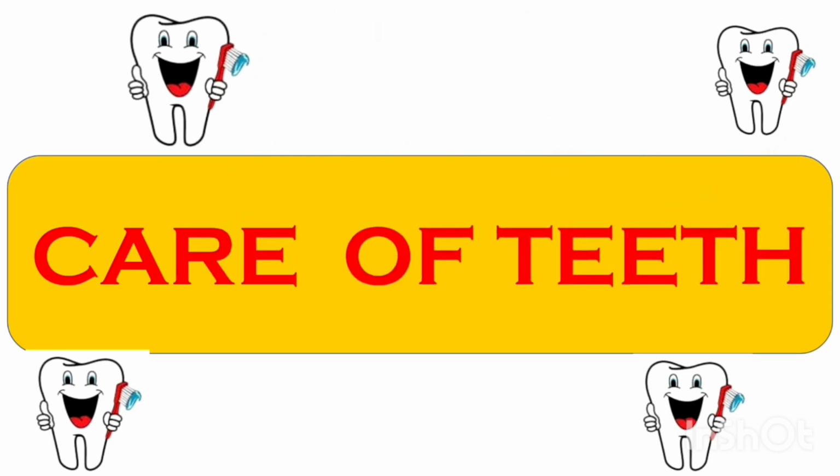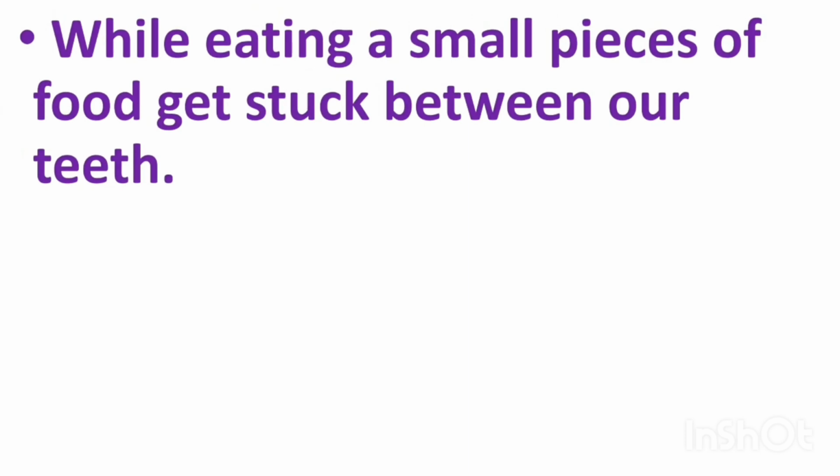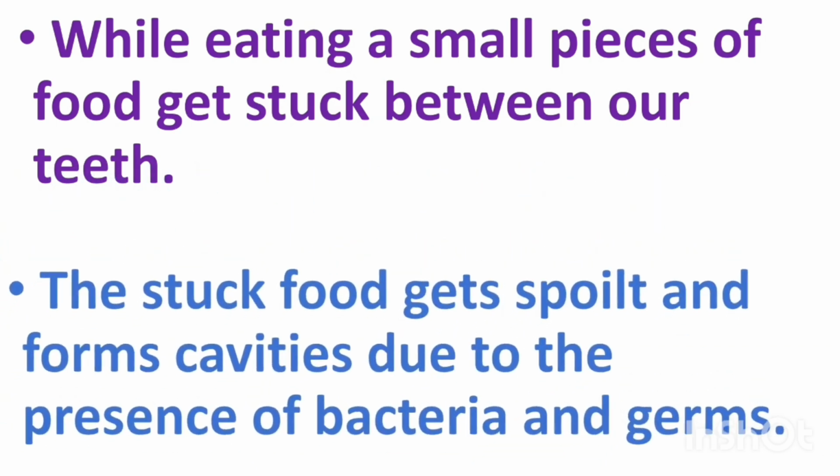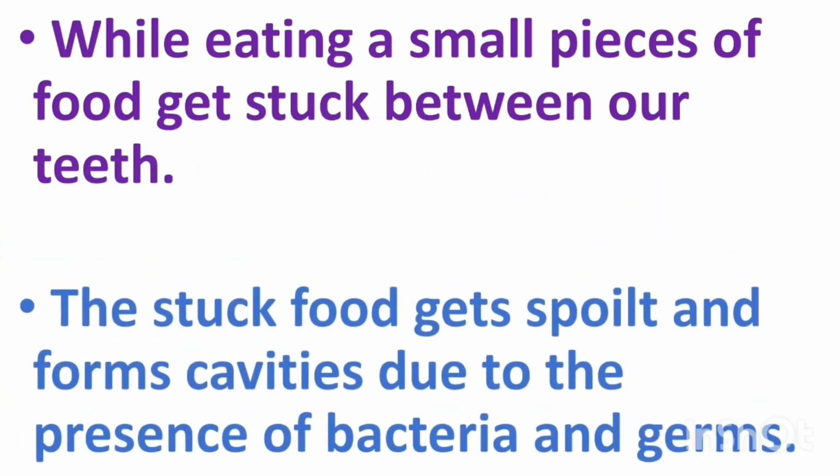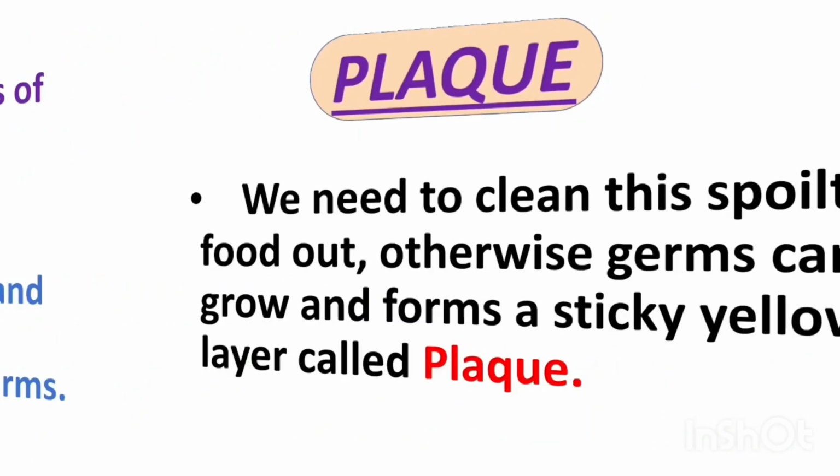Now if you see in this picture, here are so many teeth which take a brush in their hand, which means they say please take care of the teeth. So now what happened? When we eat something, then the small food particles get stuck between the gaps in our teeth, and this stuck food gets spoiled and forms cavities due to the presence of bacteria and germs.